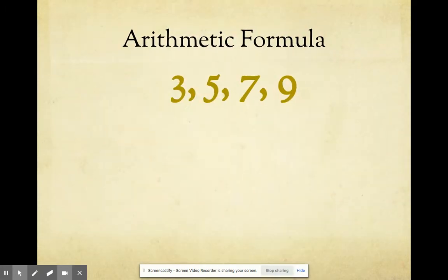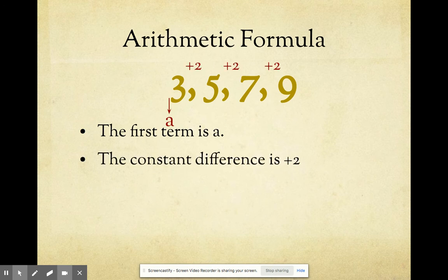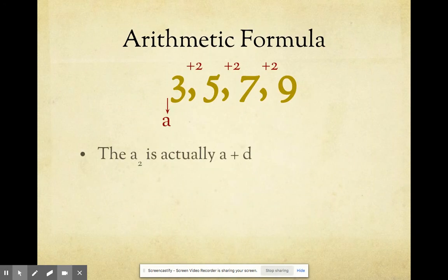There is a formula that we can use to find any term of a sequence. The first term is always A, like we talked about. The constant difference in this is plus 2. So we have a constant difference and the first term, but let's think about how we can create a formula from this.